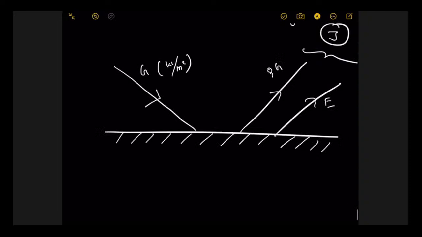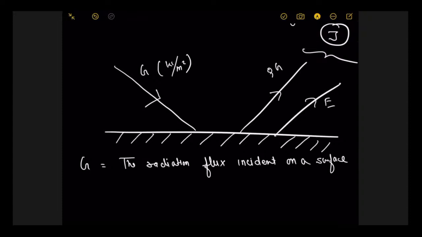So what is G? G equals the radiation flux incident on a surface from all directions, which is called irradiation.